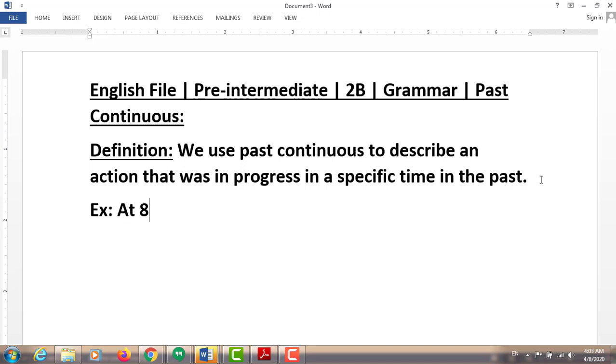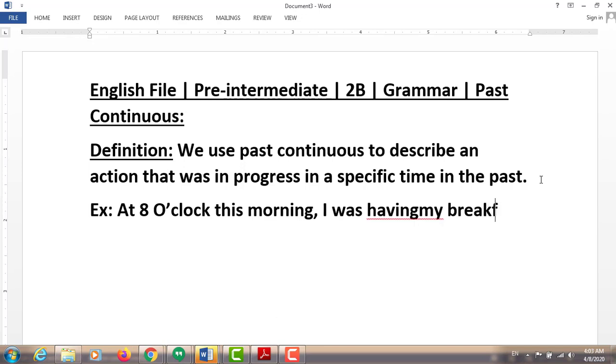At 8 o'clock this morning, comma, it's a time expression. When you use a time expression at the beginning of the sentence, after the time expression you use a comma: I was having my breakfast.